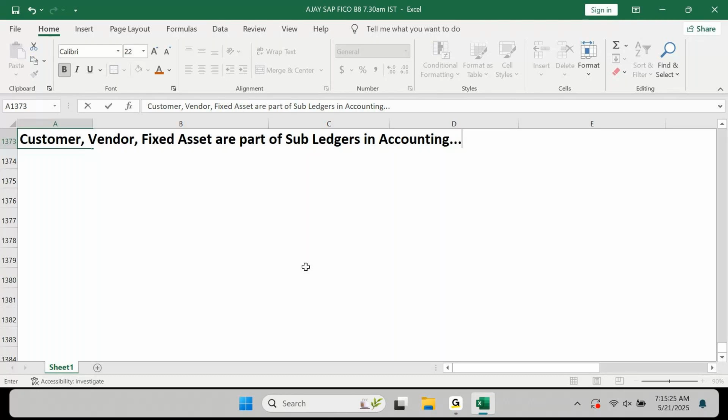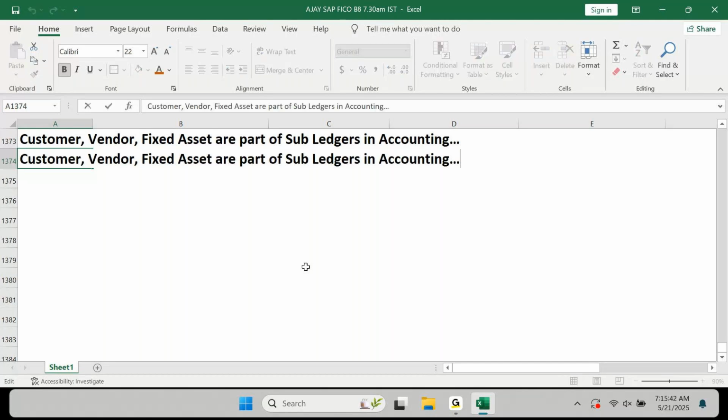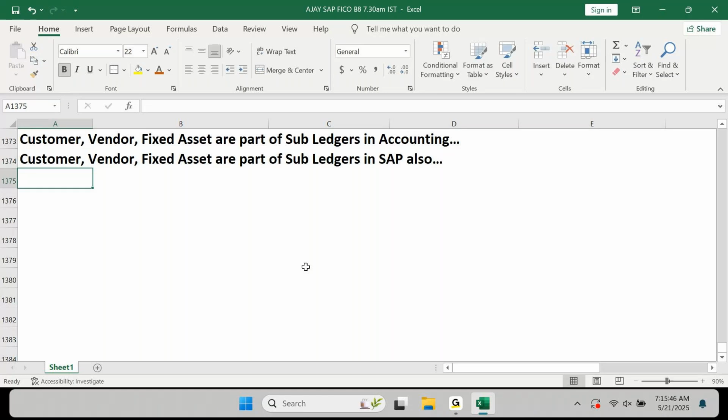Am I correct? Yes, sir. If these are subledgers in accounting, these will become subledgers in SAP also. Because you're bringing accounting into SAP, you're not learning accounting from SAP.